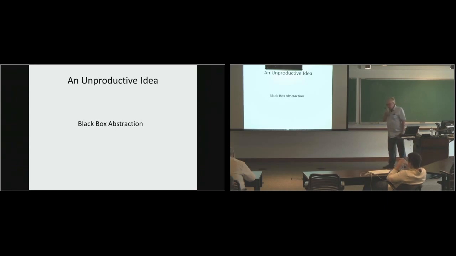Last comment: another thing you're trained in here is black box abstraction. You want to have a box that computes factorial, or this box is a PID controller, and then not think about it anymore and build bigger level modules. I think that's also not very productive, and it's something we should examine more. Why? What good does it really do you? Black box abstraction also has evilness associated with it.